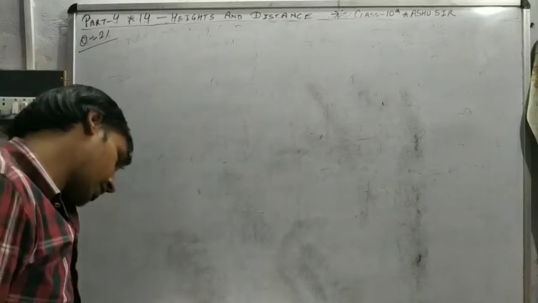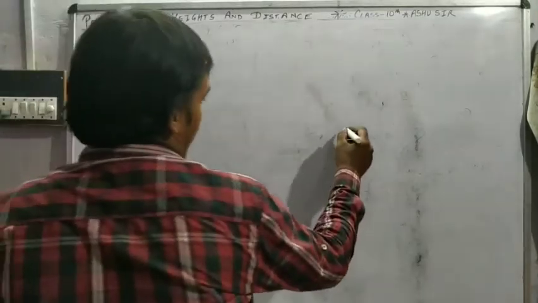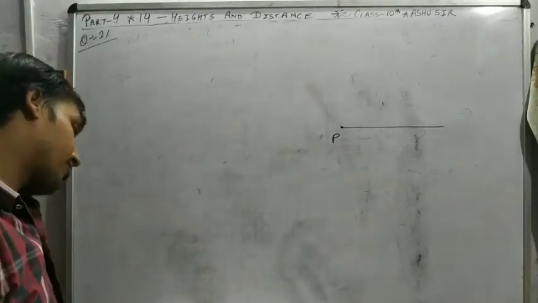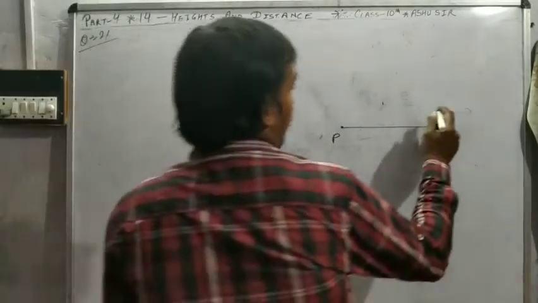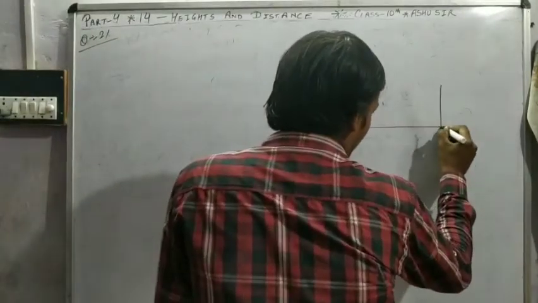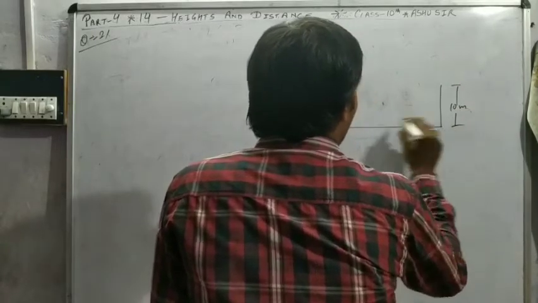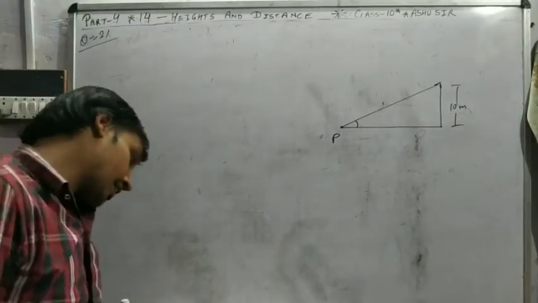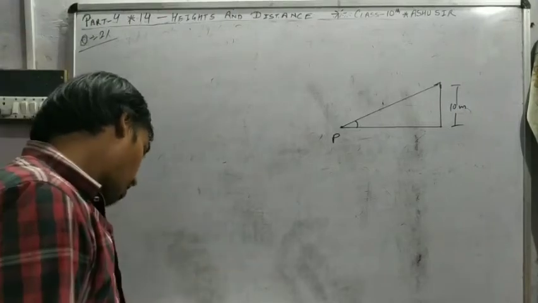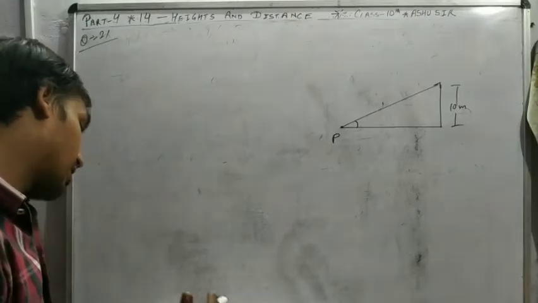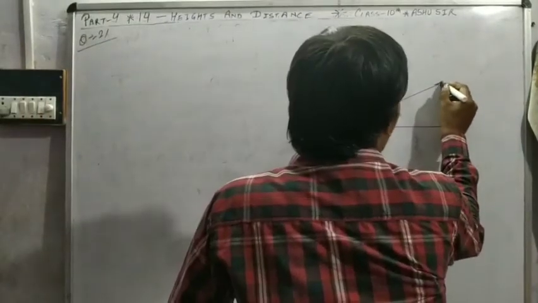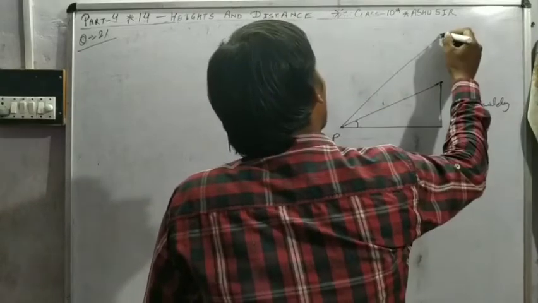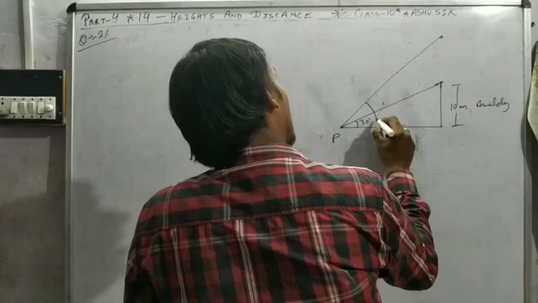So, what does the question say? From a point P on the ground, the angle of elevation of the top of a 10-meter high building, and a helicopter hovering at some height vertically over the top of the building, means just above the building, the angles of elevation are 30 degree and 60 degree.